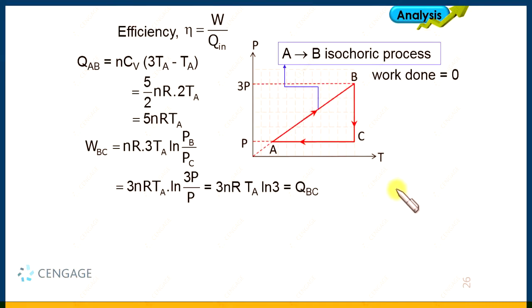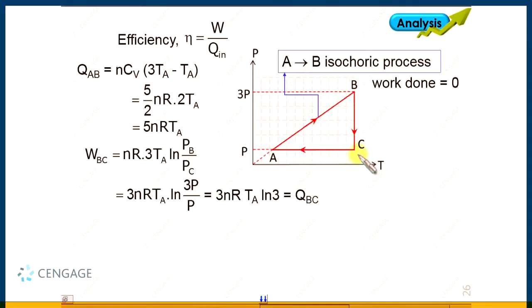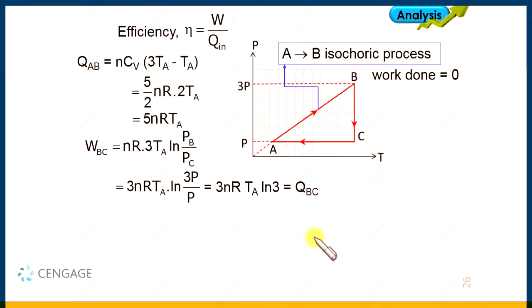Now let us move to the last process, C to A. C to A is an isobaric process and temperature is decreasing, because temperature here is 3 TA and temperature is TA here, right, and here Q equal to n Cp delta T, and delta T is negative here. If it is negative, Q is negative, that means in this process heat is not absorbed by the cycle. But we need to calculate work done, and for work done, this is an isobaric process.